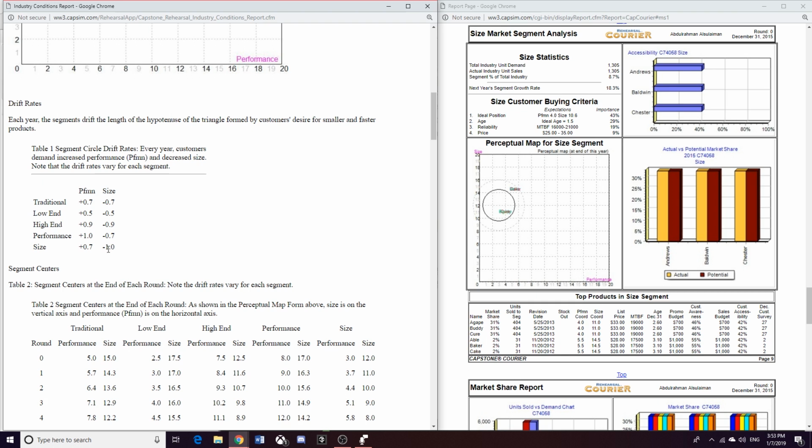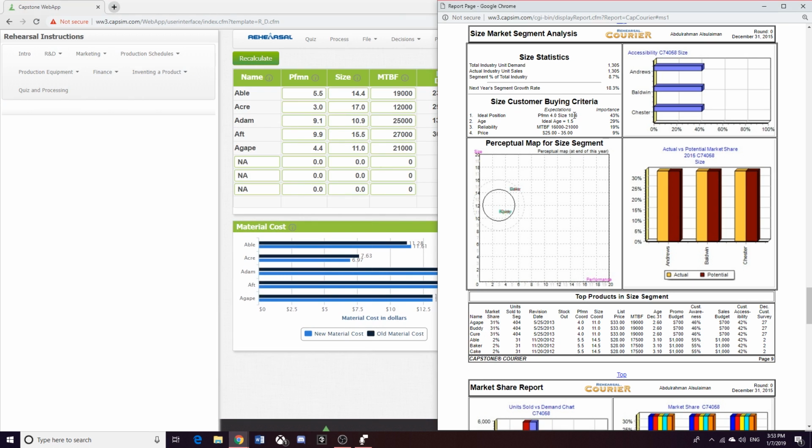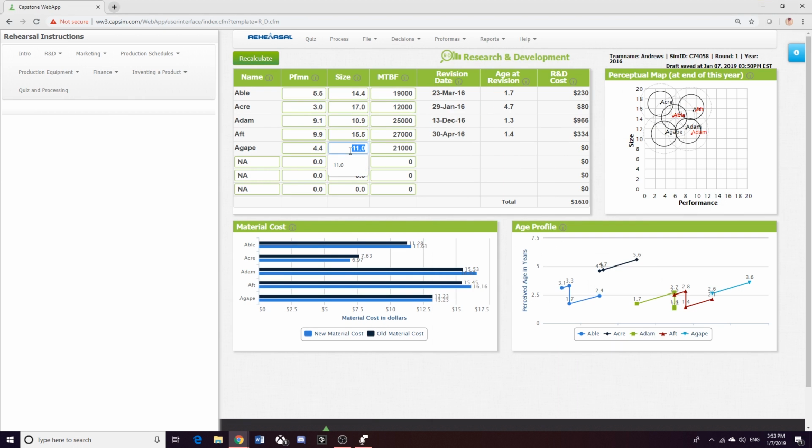So half of -1 is 0.5. So we say 10.6 - 0.5. And that means it's going to be 10.1. So we say, oh, our size is at 11, so we want to decrease it to 10.1. And recalculate.